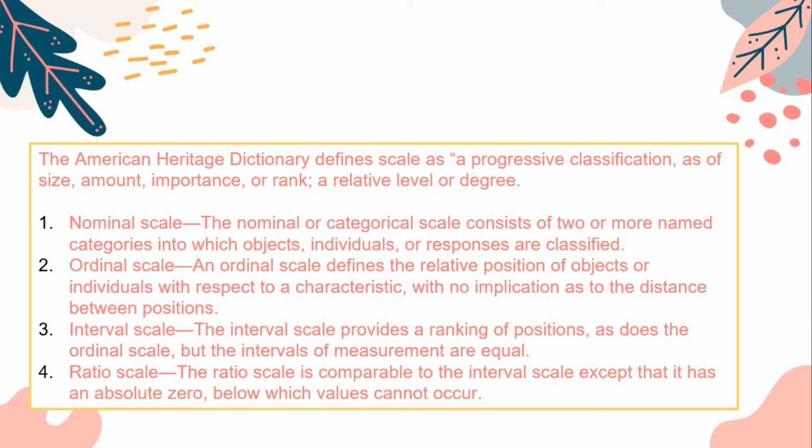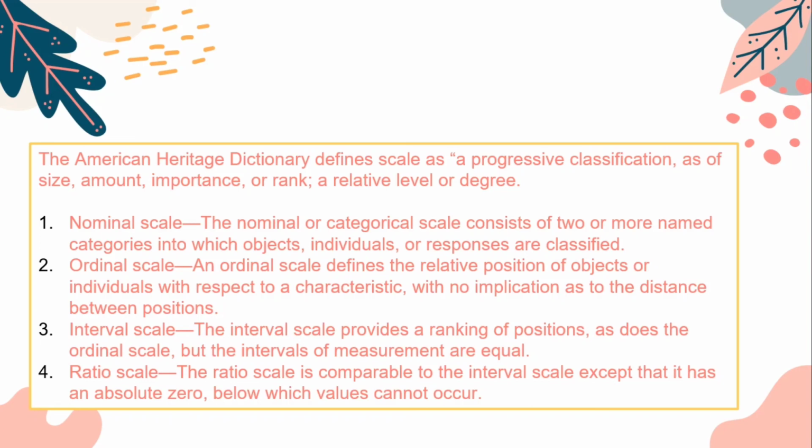The American Heritage Dictionary defines scale as a progressive classification, as of size, amount, importance, or rank; a relative level or degree. There are four types of scale. First one is nominal scale, categories into which objects, individuals, or responses are classified.